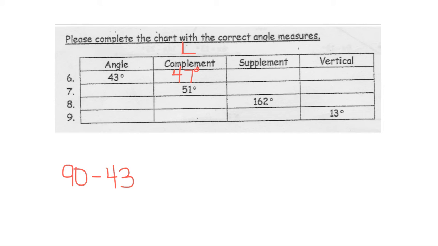A supplement makes a straight line. So the 43-degree angle's supplement has to help it add up to 180 degrees. So 180 minus the 43-degree angle will give us its supplement of 137 degrees.